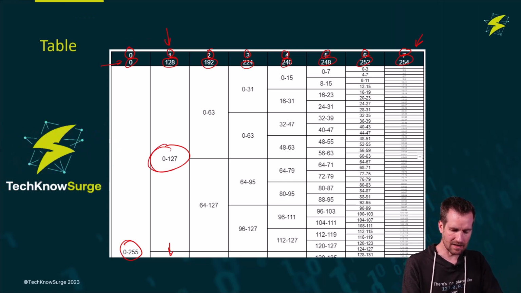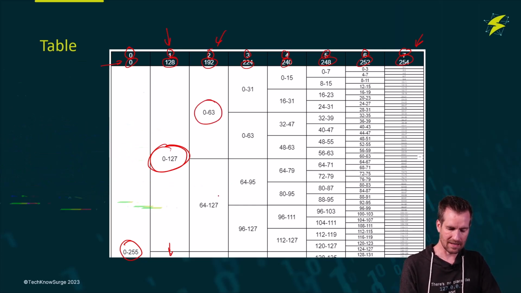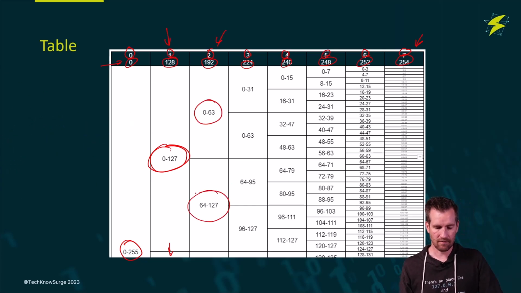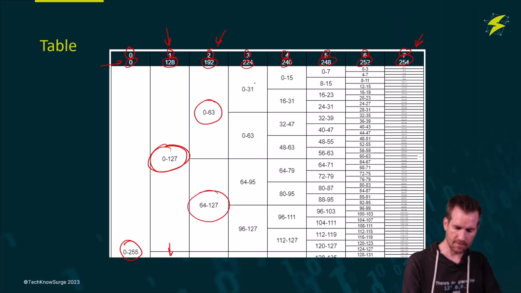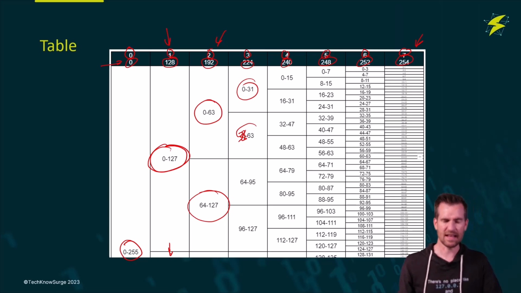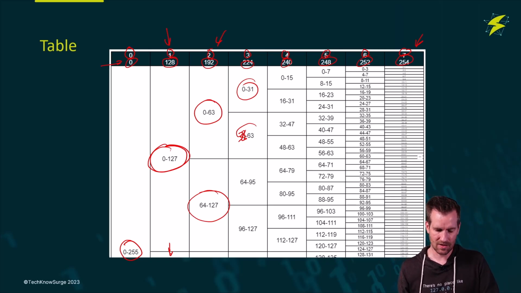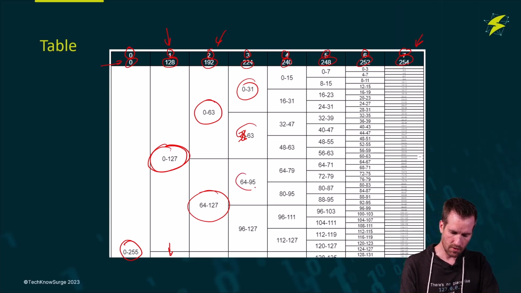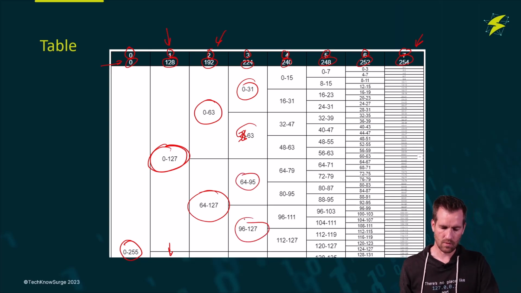And then notice that the 0 through 127, if we were to split that again, we would be able to split it into 0 through 63 and 64 through 127. If we were able to split that again, we'd have 0 through 31, and this is actually supposed to be 32 through 63. That's already corrected on the actual worksheet. I just haven't updated this sheet yet. And then we've got 64 through 95 and 96 through 127.